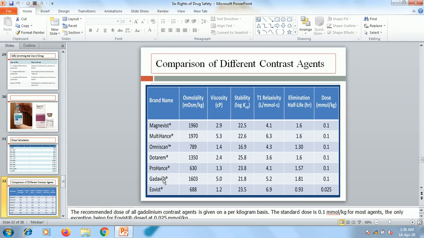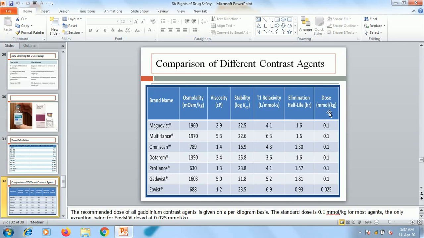If you remember the nomenclature of the drugs, the generic or non-proprietary name is the same, but their brand names are different. So here they have modified this drug and very little quantity is required.